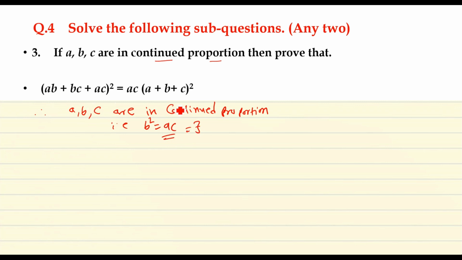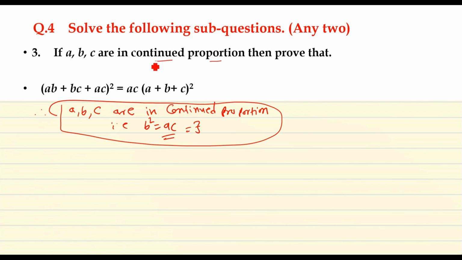So we'll check whether my answer is b square equal to ac, then I can come to the conclusion that the numbers are definitely in continued proportion. So let us solve with this particular question.